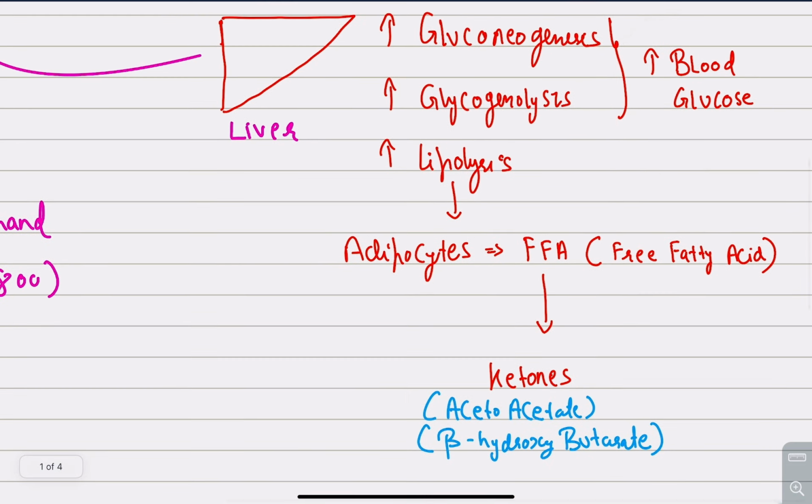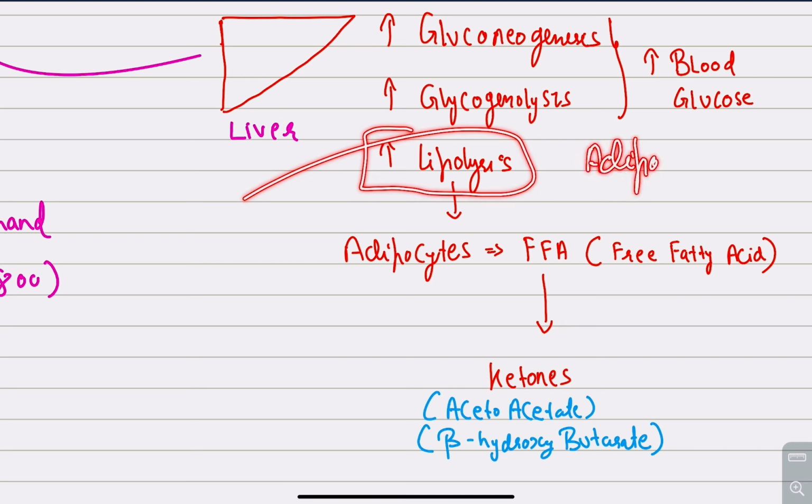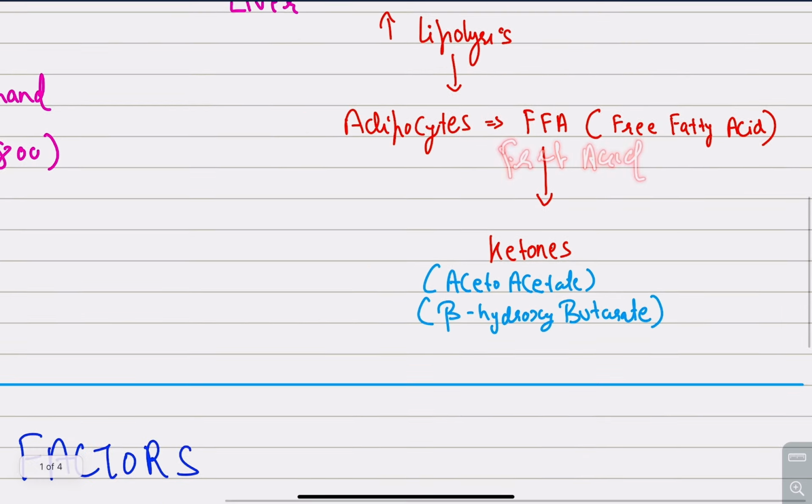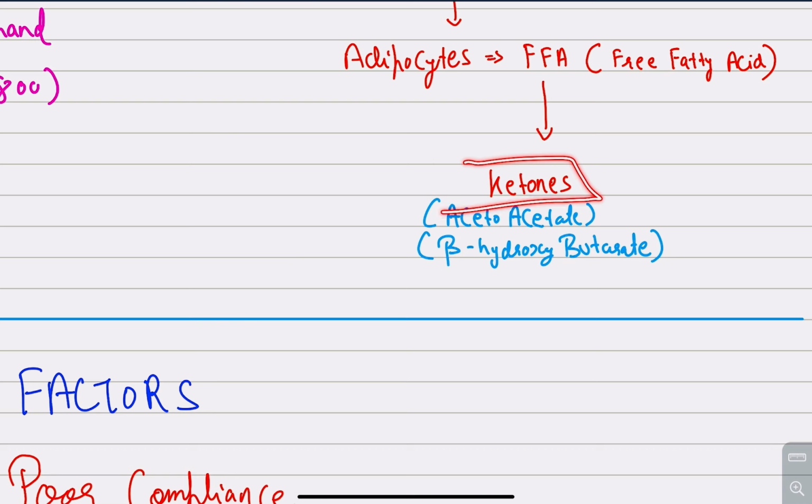And then on the adipose side, there will be lipolysis, release of free fatty acids, and those free fatty acids will go into biochemical pathways and release ketones. Now these ketones are acetoacetate and beta hydroxybutyrate, and these are all anions.